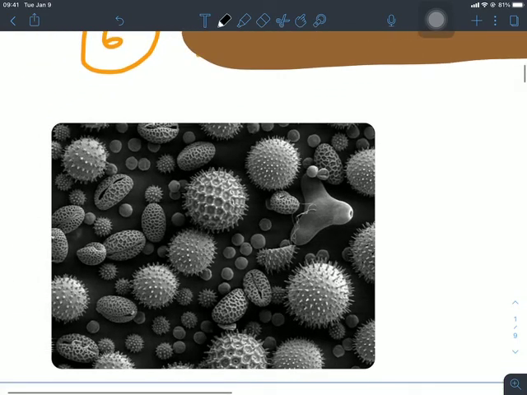You can see the very particular structural patterns that sporopollenin can play a role in creating in this scanning electron micrograph of different pollen grains. Now, the inertness of this sporopollenin actually allows pollen grains to survive for millions of years.